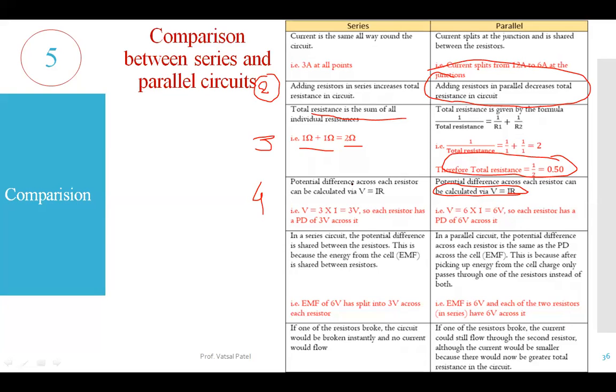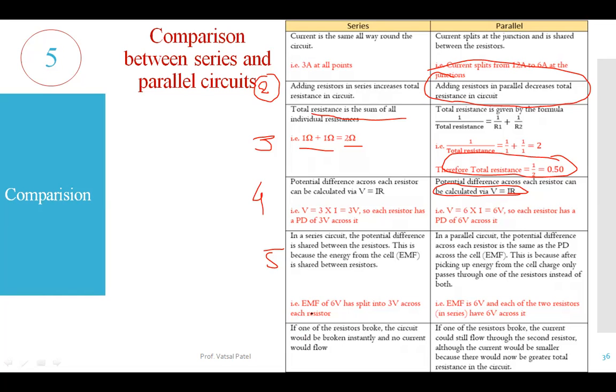Now, the fifth point is about the potential difference. In the series circuit, the potential difference is shared between the resistances. That means the energy from the cell, or the EMF, is shared between the resistances. In the example, an EMF of 6 volt is split into 3 volt across each resistance.